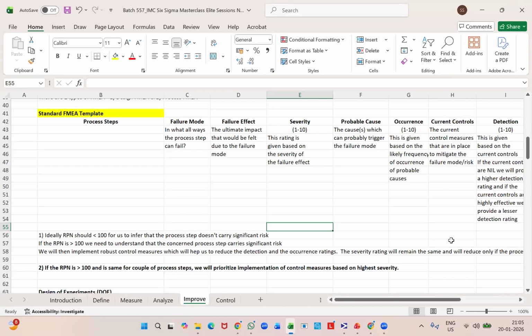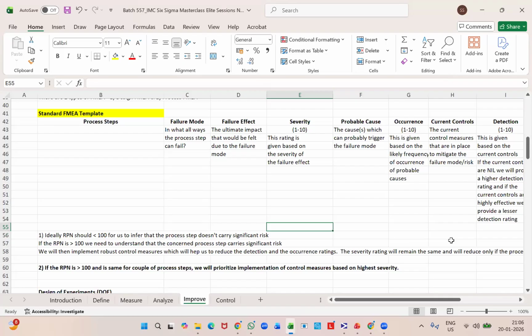If I have the sheet, I can provide you with an example. In fact, if you Google search, you'll get plenty of examples for FMEA. That's not a big deal at all, right? But how are you going to relate it to your own process? That's going to be the challenge.